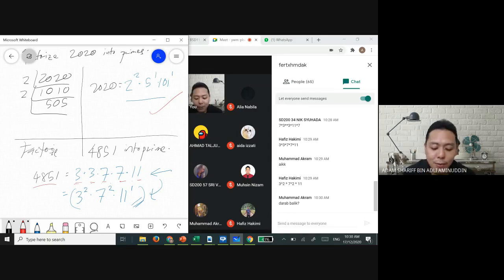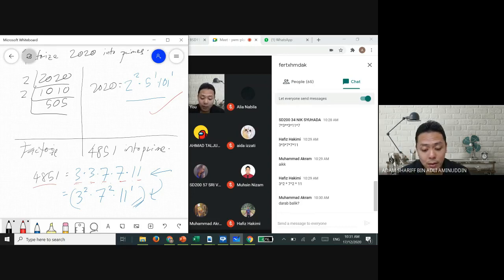But if you already done your step correctly at the first step, usually you are correct. Selalunya betul. Macam ni Syuhada, dia bahagi dengan 7 dulu mungkin. Tak ada masalah. Tapi dia bahagi dengan faktor yang betul. Jangan bahagi dengan faktor yang tidak betul.